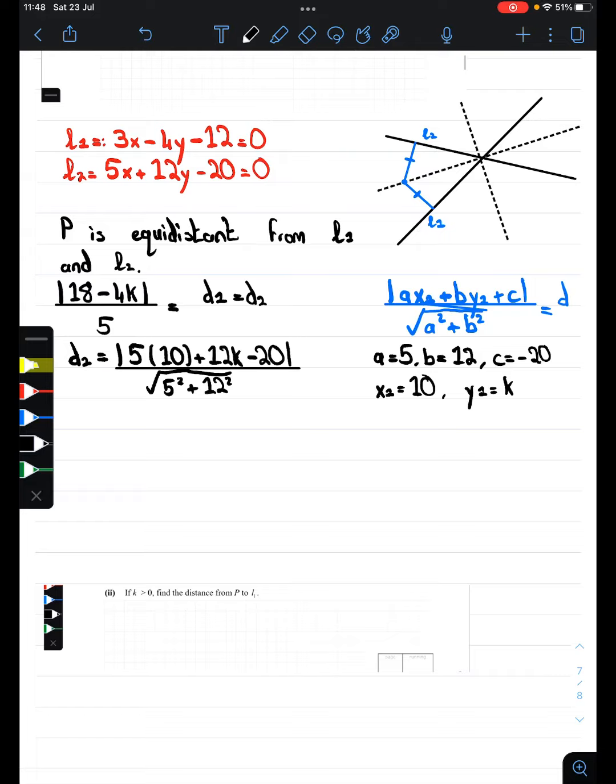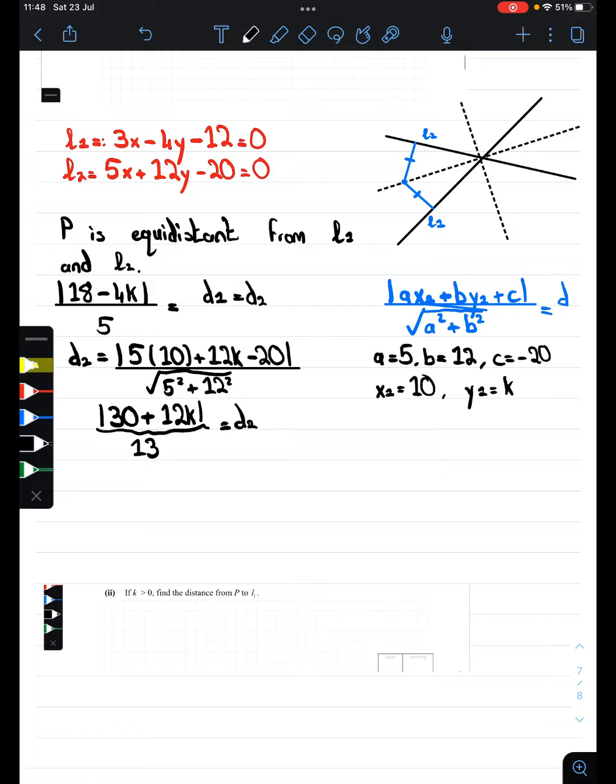So if we plug that in, we will get 50 minus 20, so 30 plus 12k, all over 13. Okay, and this equals D2, and D2 equals D1.